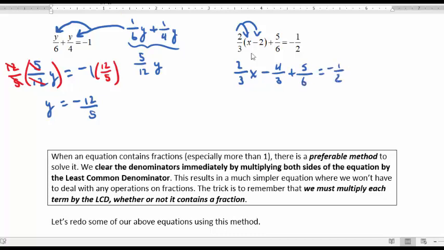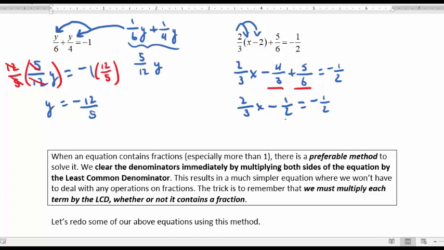And now we have like terms on the same side. -4/3 and +5/6 are like terms, so we would combine those, and we'd end up with -8/6 plus 5/6, which is -3/6, but that's actually -1/2. So if we had punched that in our calculator, we would have gotten -1/2, and that's equal to -1/2.